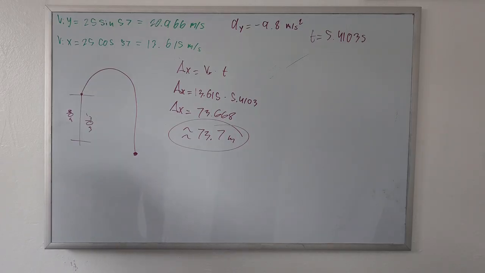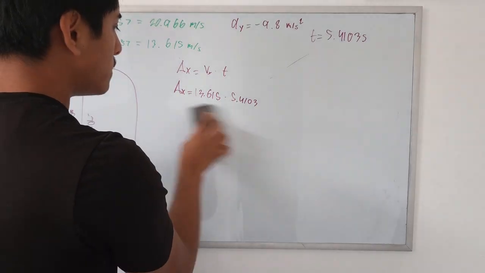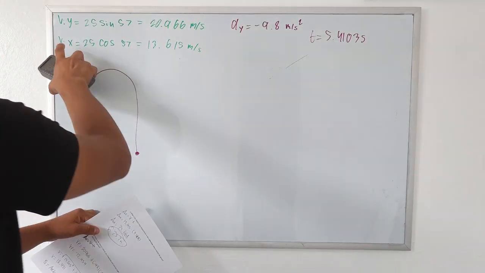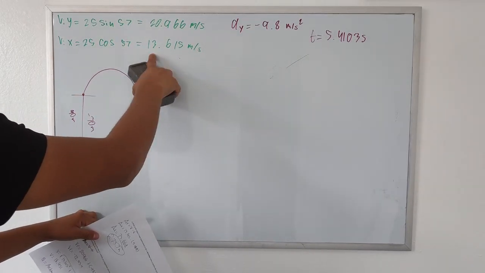The last part is asking: what is the object's velocity, as a magnitude and direction, 2 seconds before reaching the ground? So we're going to use this time, and luckily we have V_ix, which is never going to change, so we don't have to solve for that.